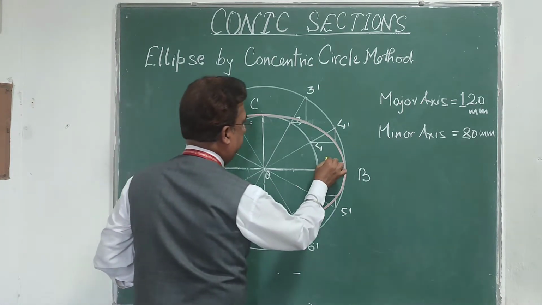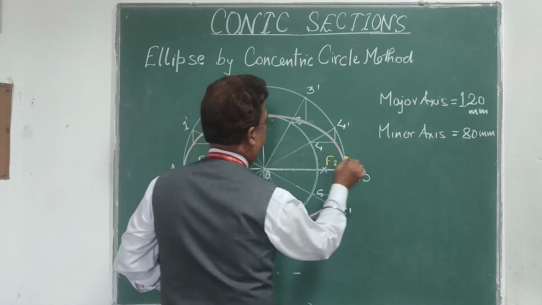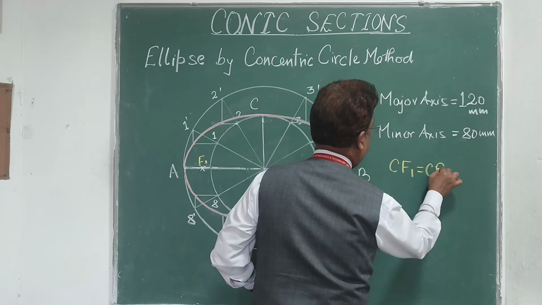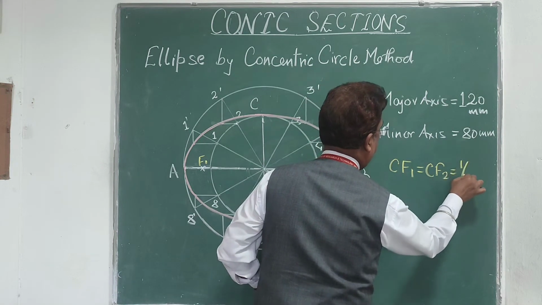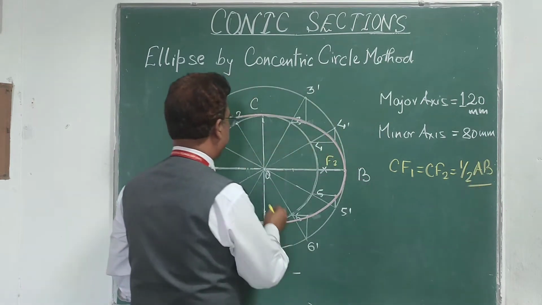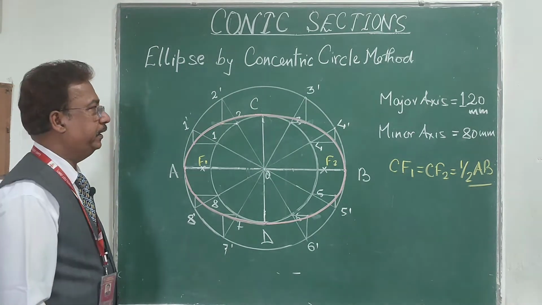What I have done is that CF1 equals CF2, that equals half AB. So with the help of this formula, you can easily find out the focus F1 and F2.